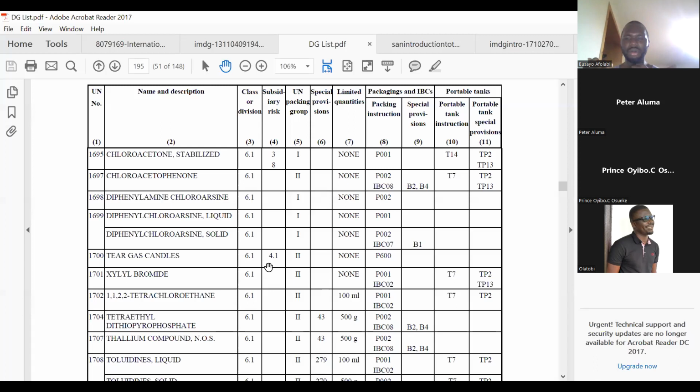Olatobi was almost getting there, but he still had a little more to add. So please, can we study what limited and accepted quantity is, and come back to the class and drop it on the chat, and I'll be so happy.